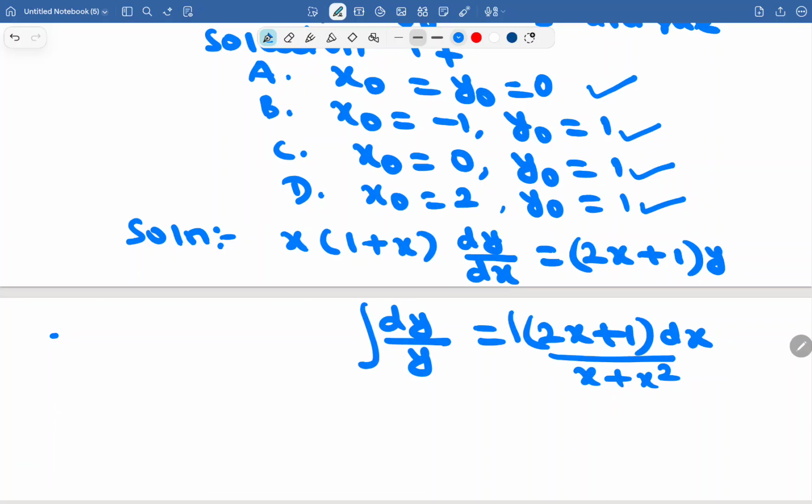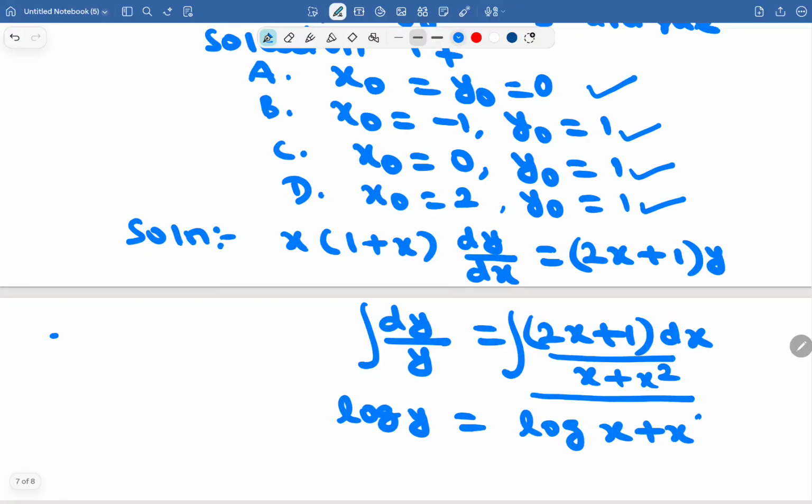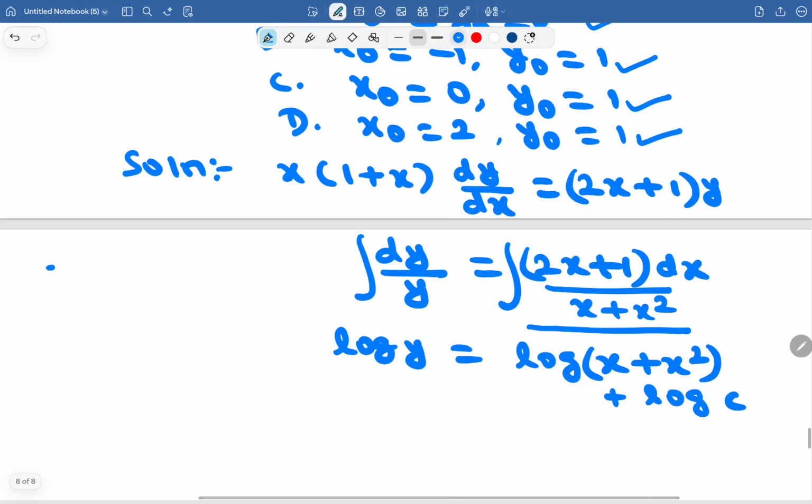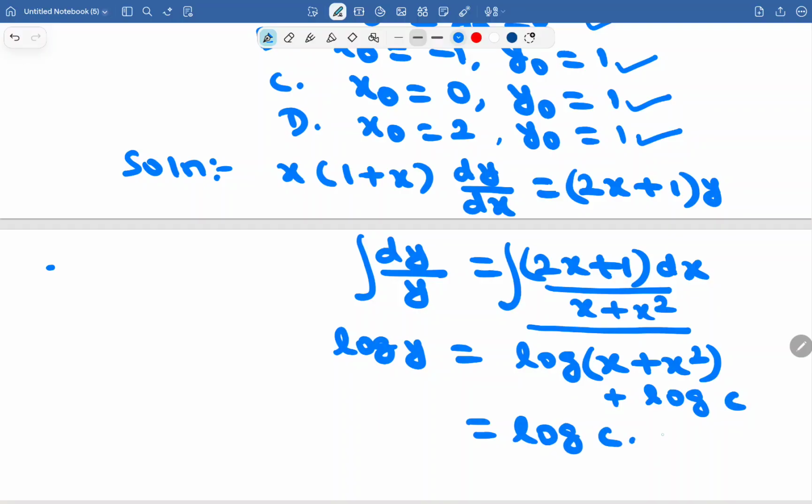Now integrate. Integration of dy by y, which is log y. See, in this part derivative of denominator is in the numerator, therefore this one is nothing but log of x plus x square plus log c, which is nothing but log c into x plus x square, log m plus log n.